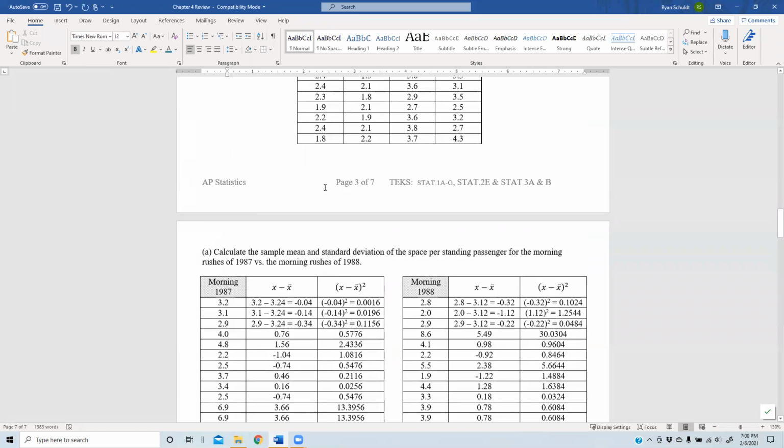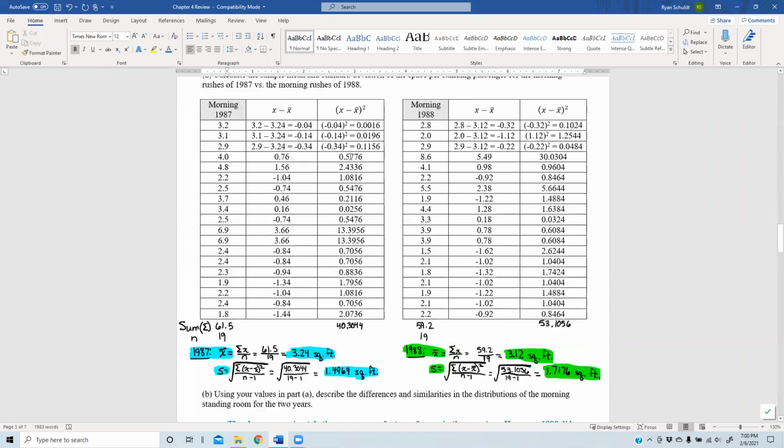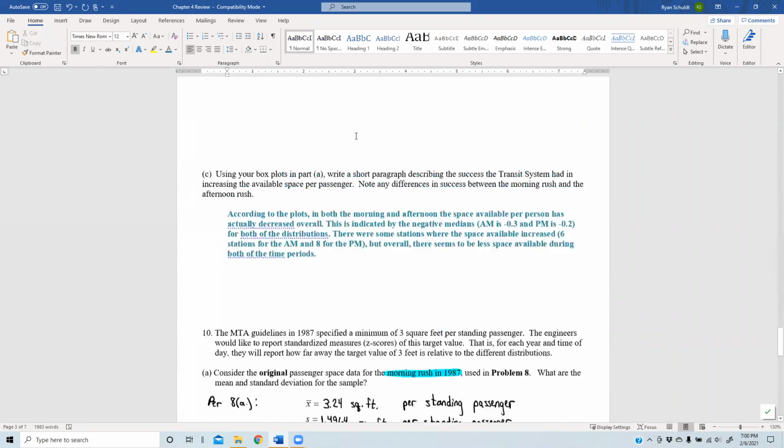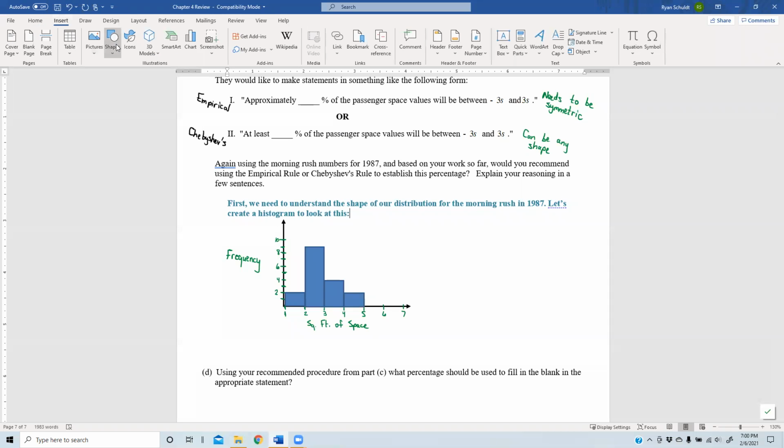Uh, 5 to 6. None from 5 to 6. 6 to 7. 1, 2, and that's it. So, okay, let's draw our 6 to 7 box, and then we'll be done with our histogram. Then we can analyze it.